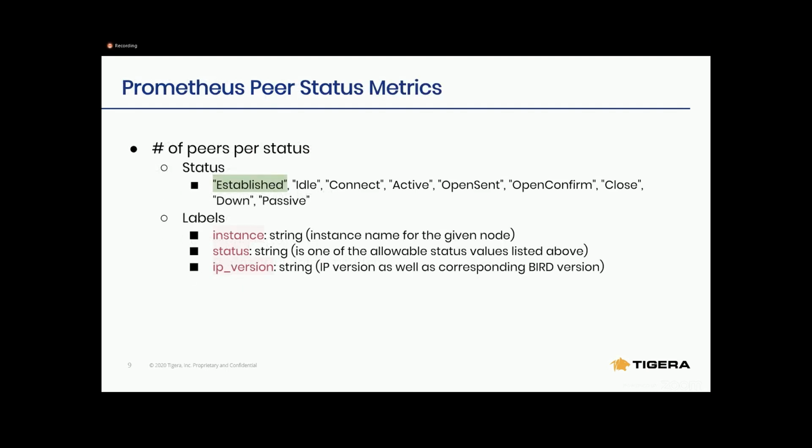Prometheus has peer status metrics, and what we log there is the status, which is established, idle, connect, active, open sent, open confirm, close, down, and passive. There are different labels given per node, so you have the instance string, you have the status, and then you have the IP version, which is either IPv4 or IPv6 with Bird.